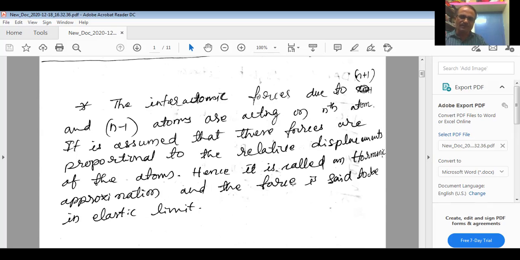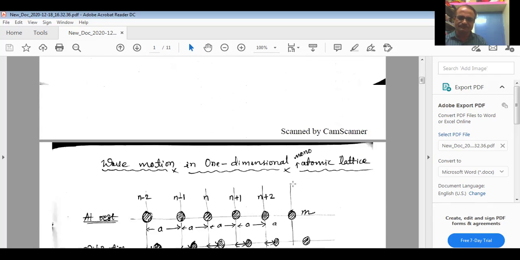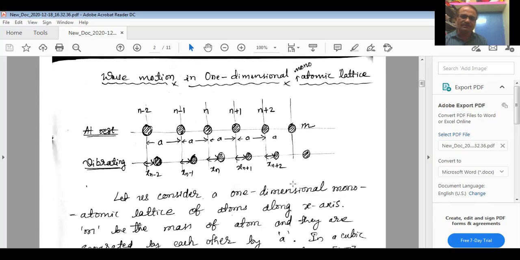So this part you have to write, this small addition is there.